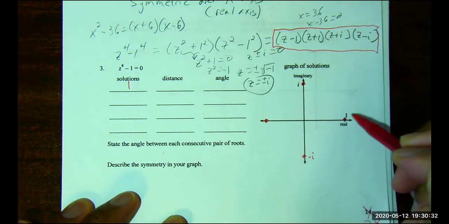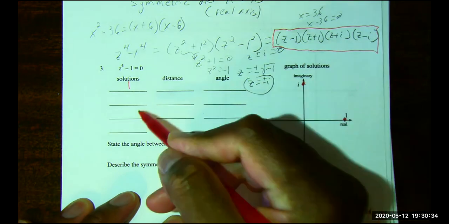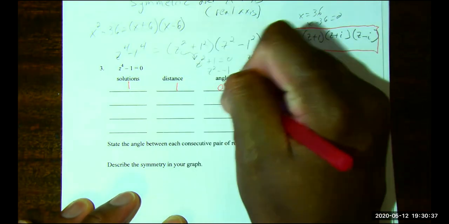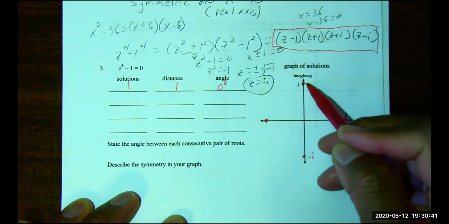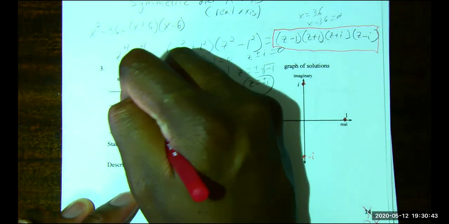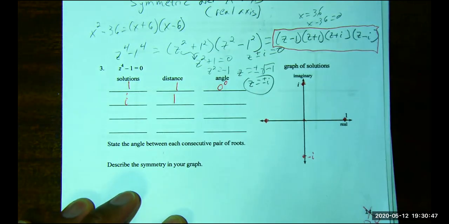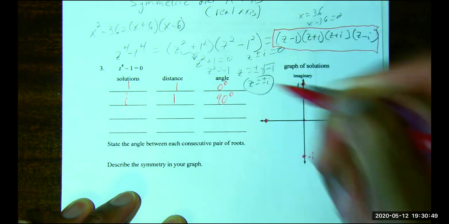So we are starting here at 1, the distance is 1, the angle is 0, going counterclockwise, as all math goes counterclockwise. Our next solution is positive i. Distance is still 1 unit from the origin, radius of 1, but we're at 90 degrees.